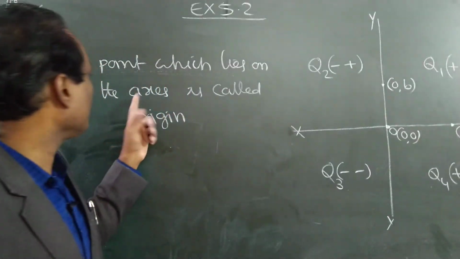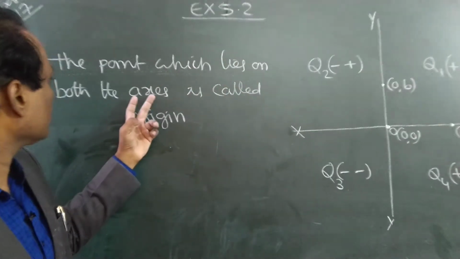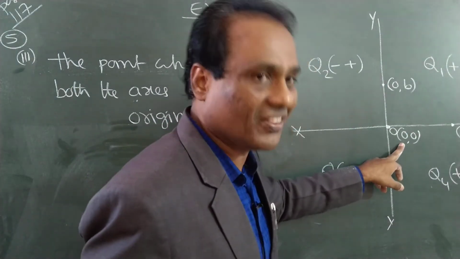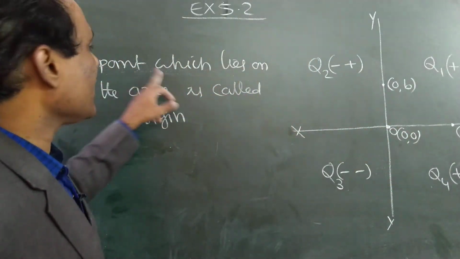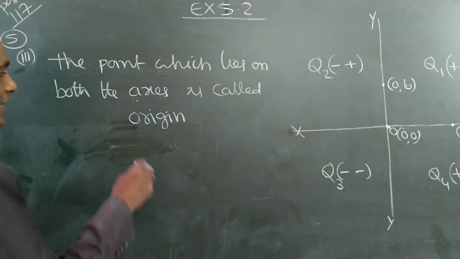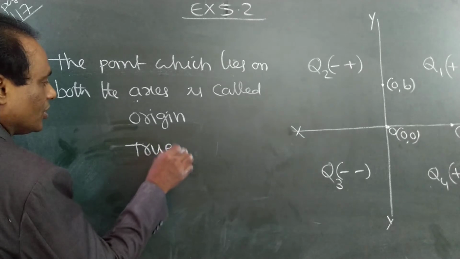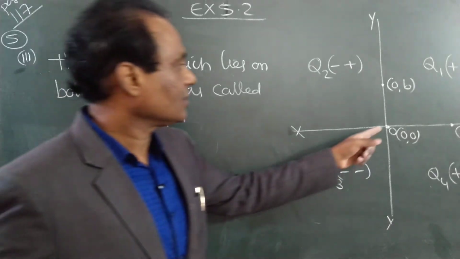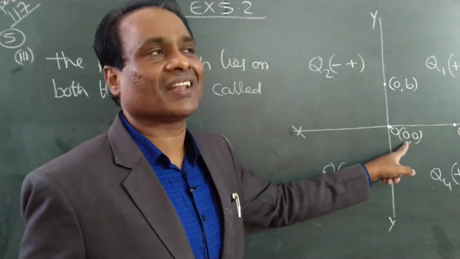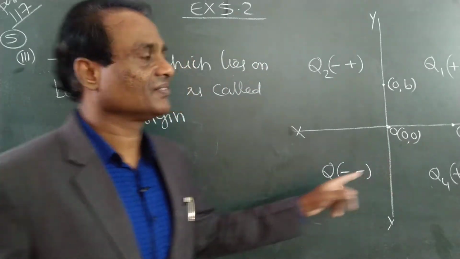Axes means x-axis and y-axis. Both the axes. So which point lies on both the axes? Origin. So this is correct. True. Because the point which lies on the x-axis as well as the y-axis is origin.